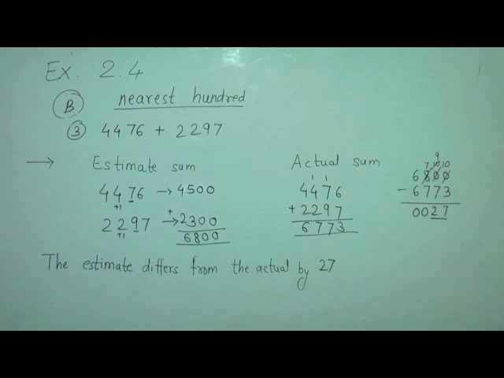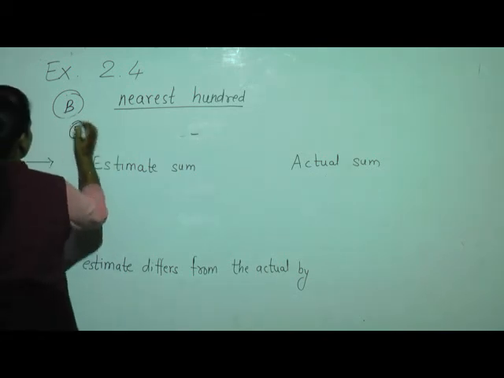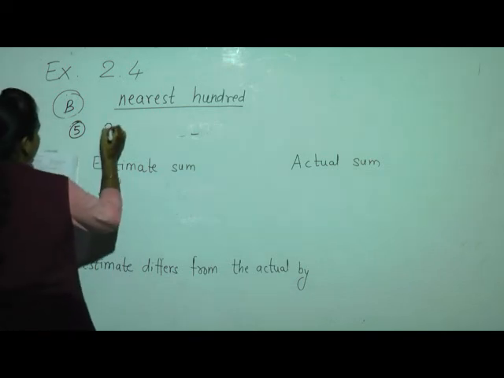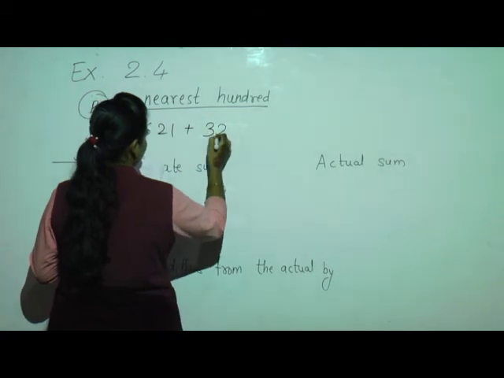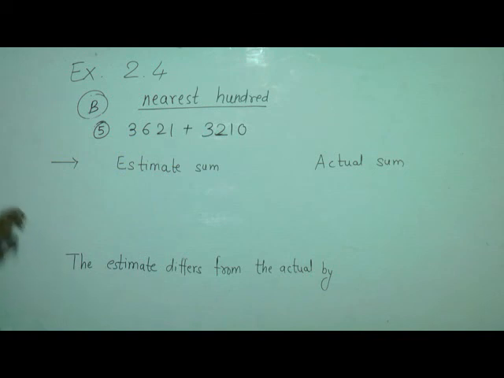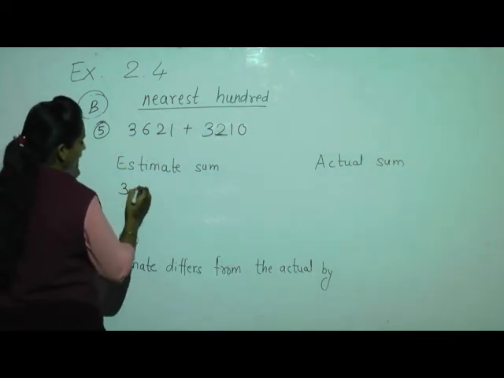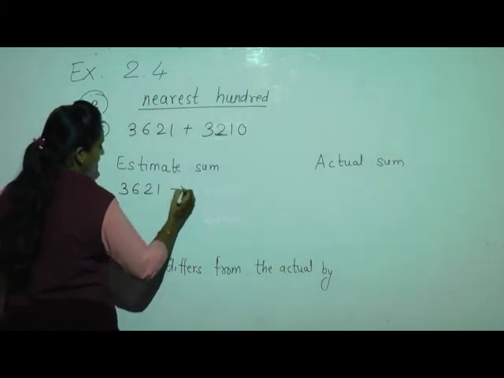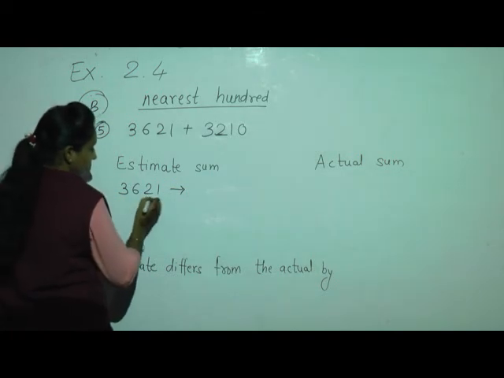Now we will solve one more last sum, that is the fifth one. 3,621 plus 3,210. Now write these numbers and round. We have to round off to the hundreds. See, whenever we are rounding to the nearest hundreds, underline the tens place.